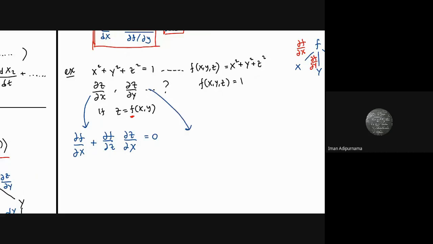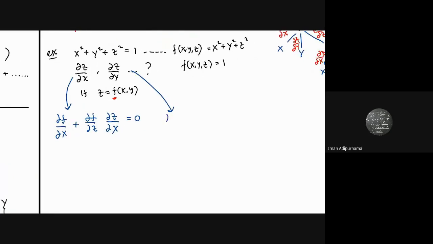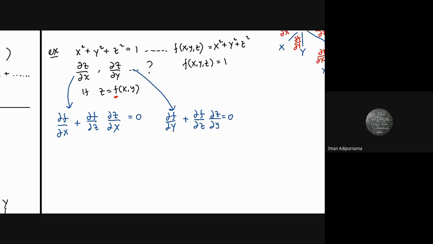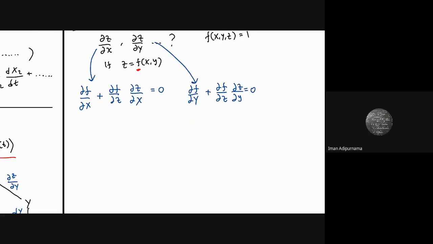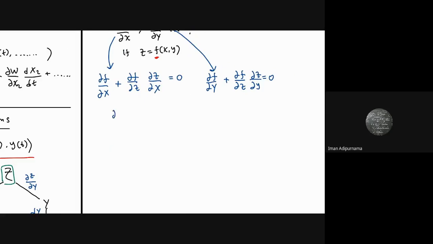And for dou z dou y, we have dou f dou y plus dou f dou z multiplied by dou z dou y.